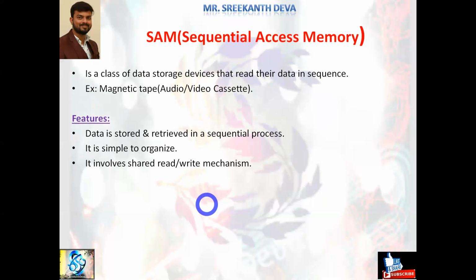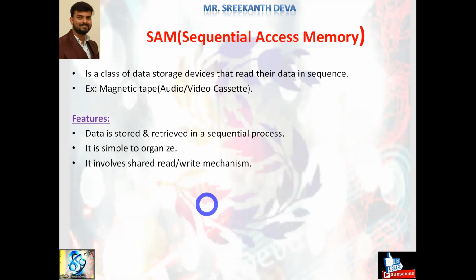In sequential access, the system must search the storage device from the beginning of the memory addresses until it finds the required piece of data. Such access is called sequential access memory or serial access memory.